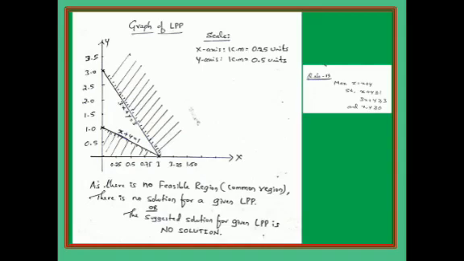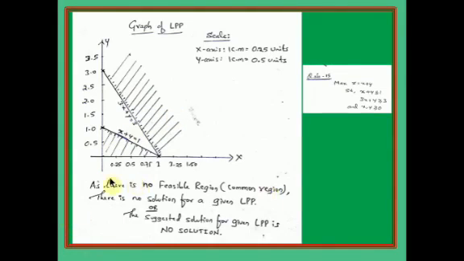Once feasible region is not there, we will not be able to evaluate using corner points of the feasible region in the objective function given. We will not be able to perform that. So once feasible region is not there, there is no solution for the LPP. That way the conclusion would go.